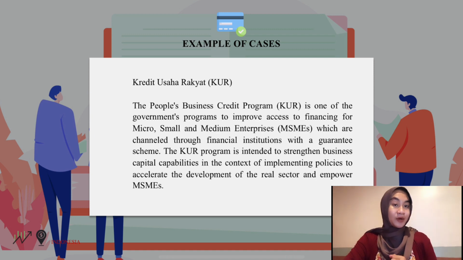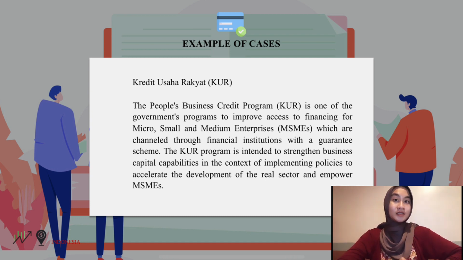Now I will explain about examples of allocating funds, the definition of interest, and factors that affect interest rates. Here I will explain the example of allocating funds, that is, the People's Business Credit Program or Kredit Usaha Rakyat.